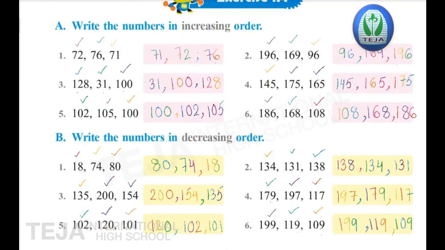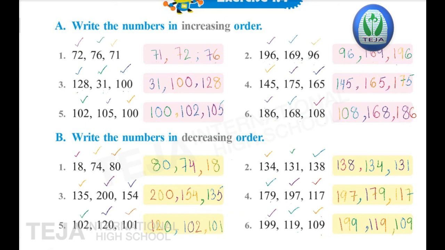That is, small to big is the increasing order, and arranging the numbers from big to small is called as decreasing order. And also we learned about the even numbers and odd numbers. Okay, children? And that's it for today. Tomorrow we'll discuss the next exercise.